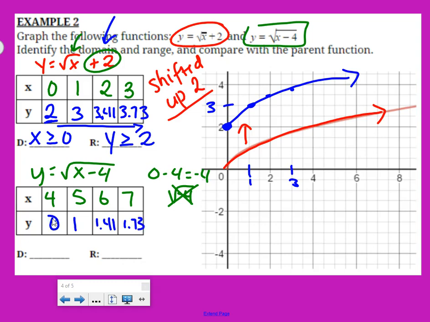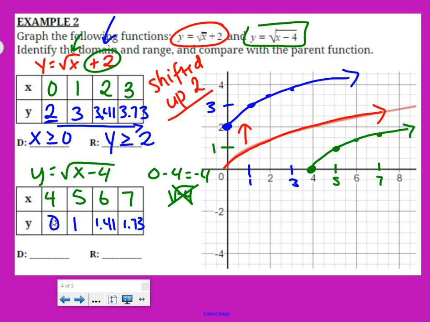Graph those on our graph. 4, 0, is right there on our x-axis. 5, 1 is going to be right here where 5 and 1 meet. 6, 1.41 would be about there. And then 7, 1.73 would be about there. Graph that.